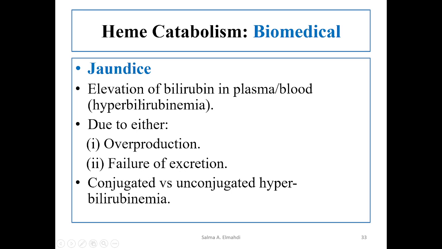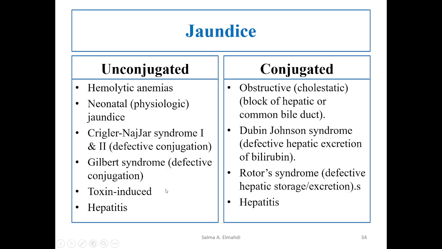We have conjugated bilirubin, as we have already mentioned, versus unconjugated bilirubin. So the hyperbilirubinemia would be either conjugated hyperbilirubinemia when we test the blood, for example, or the urine, we will find conjugated bilirubin. Or it could be unconjugated hyperbilirubinemia due to the presence of unconjugated bilirubin, or could be a mixture of both. Unconjugated usually results from hemolytic anemias.